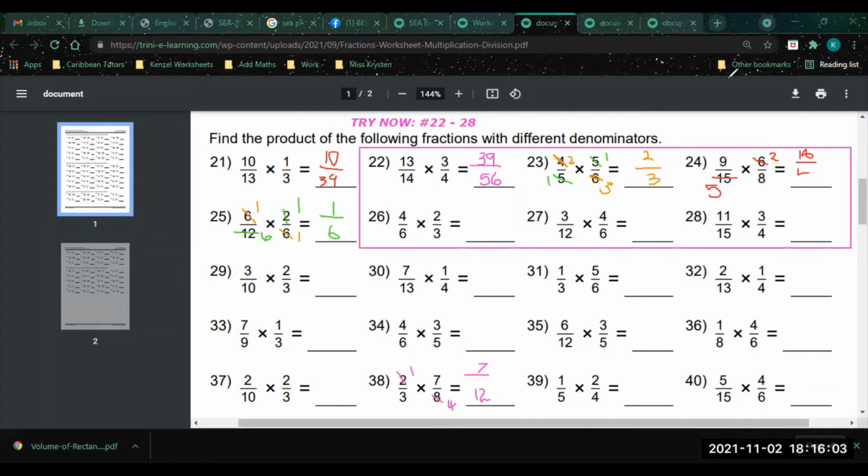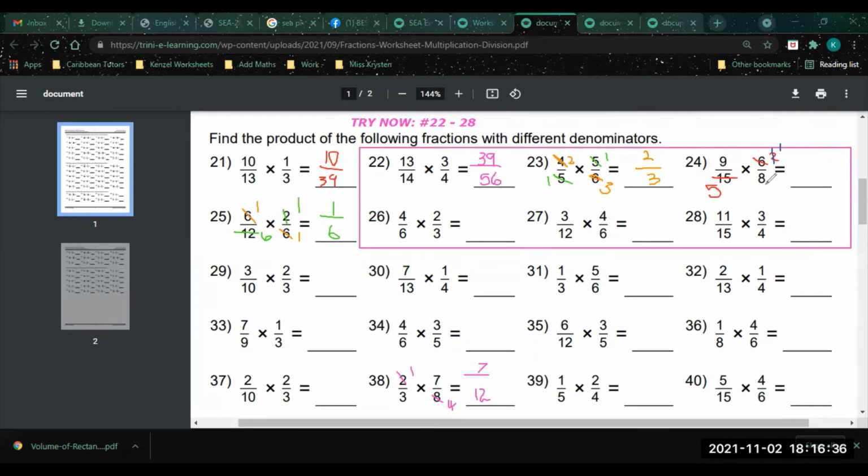Oh, you could actually reduce this some more though. We didn't come across one like this as yet. But the 2 here and the 8 here, I could actually reduce some more. So 2 could go into 2 one time, and you could reduce with the numerator and the denominator, which I will upload a video for very soon.